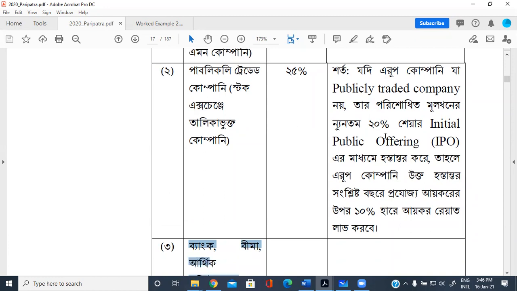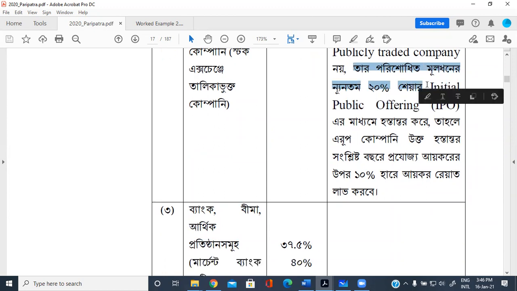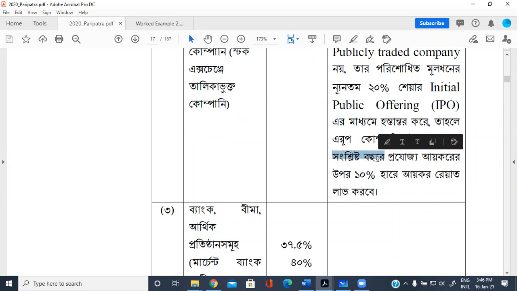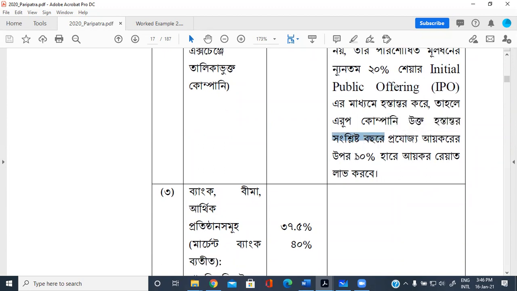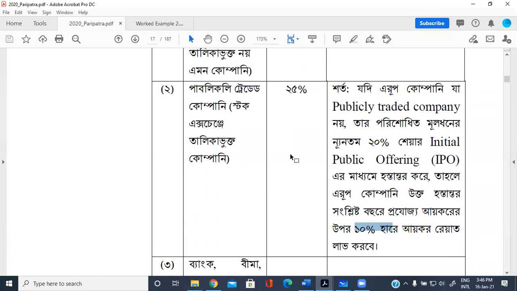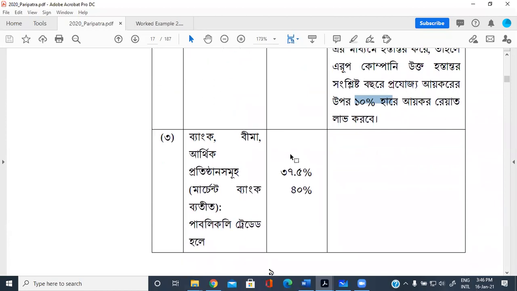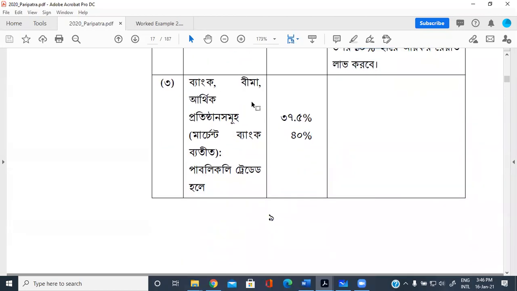If that company issued at least 20% of its capital in the IPO in that year, they will get a 10% rebate, so their applicable tax rate will be reduced by 10%.